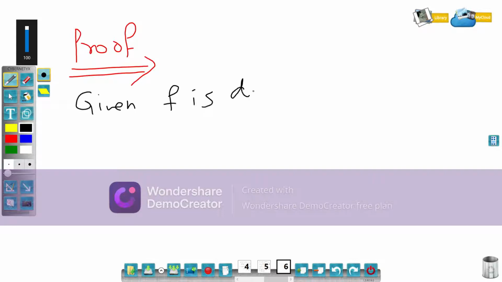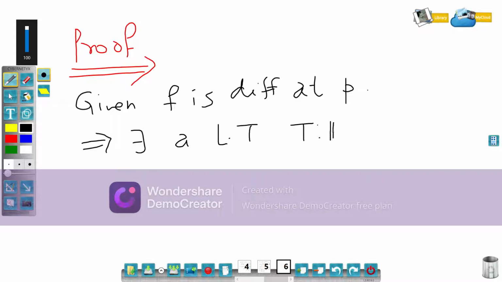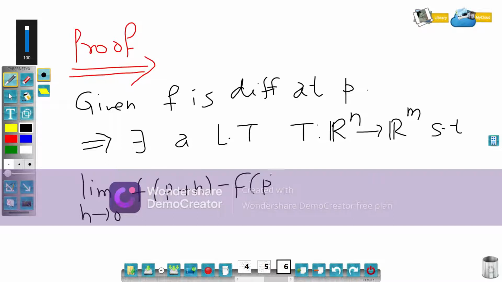Okay, so it is given that f is differentiable at p. So this would imply there exists a linear transformation T from Rn to Rm such that the limit as h goes to 0 of f of p plus h minus f of p minus T of h, everything in norm, upon norm h, should go to 0.